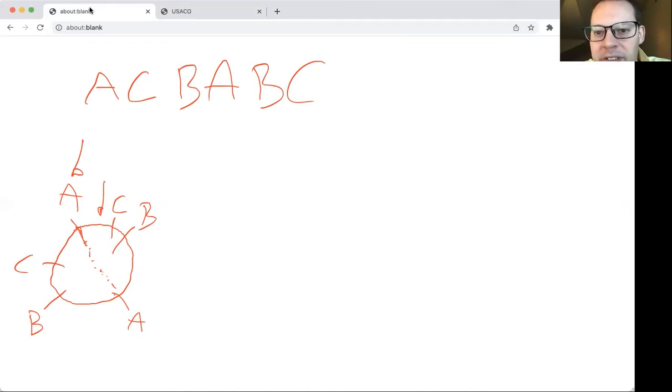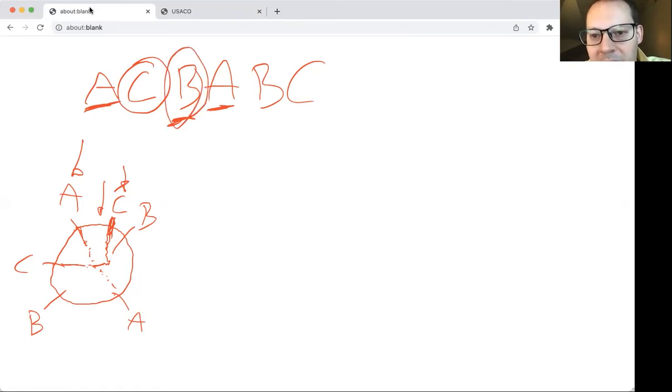But in this case, notice from A to A here, I've only got one C, and you can see that's because C is not going to be able to exit on the same side. C is going to have to cross A's path in order to get to its exit. Likewise, B also has to cross A's path. No matter what B does, at some point, B has to cross A's path in order to get to B's exit, because they have only a single letter on the inside there.